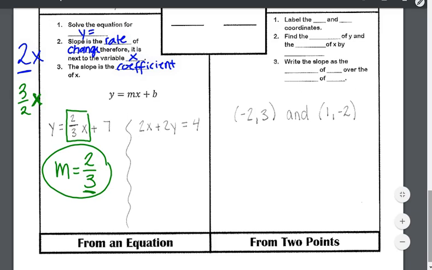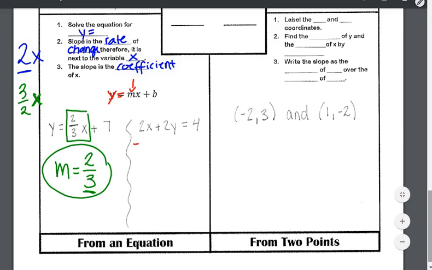For our second example, our equation is not solved for y, so first off we need to solve it for y. We can't identify the slope unless it is y equals. Then your m, which is the variable that we use for slope, is right next to the x.